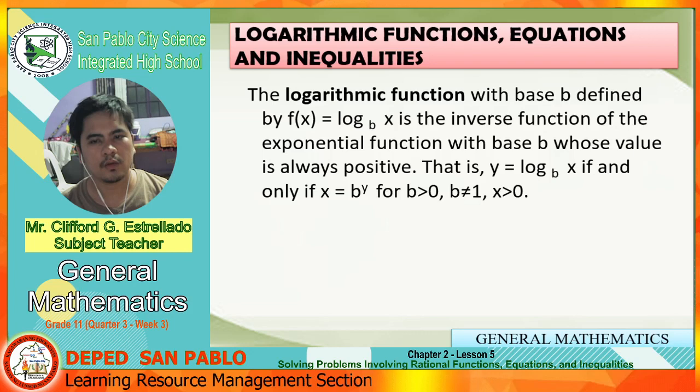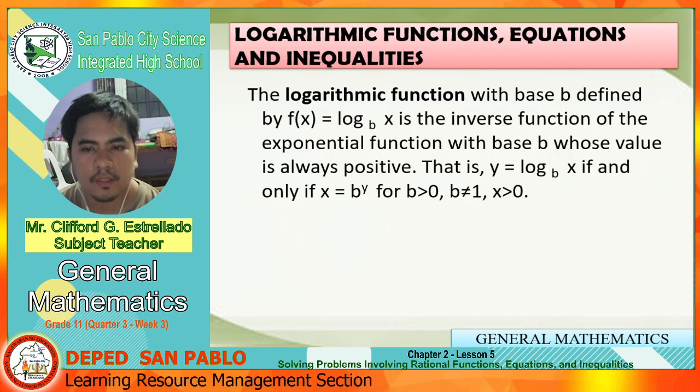That is, y is equal to logarithm of x with the base b if and only if x is equal to b raised to the y power, for b greater than 0, b not equal to 1, and x greater than 0.